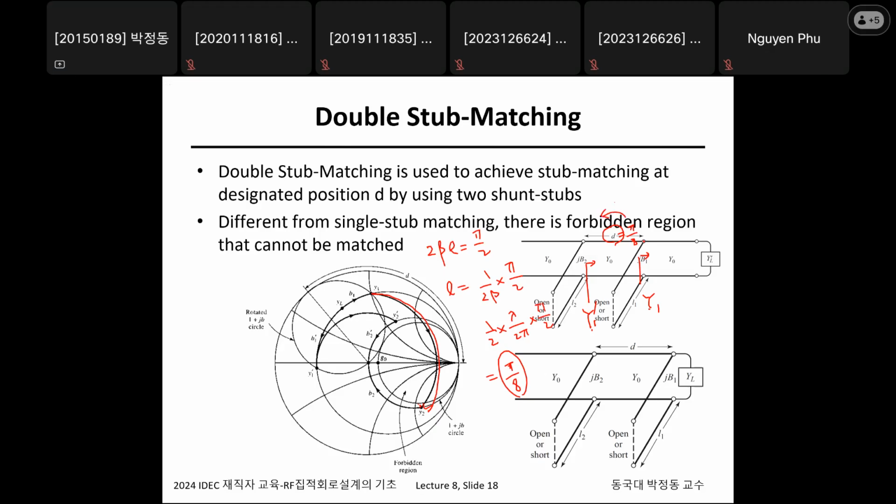In this way, since we know the designated matching point, we just design the L2, and once we resonate out this amount, then you just arbitrarily choose L1, then you can just design all matching network.